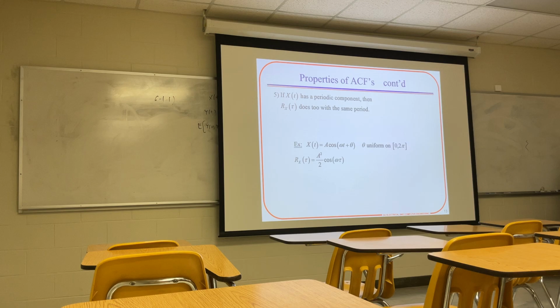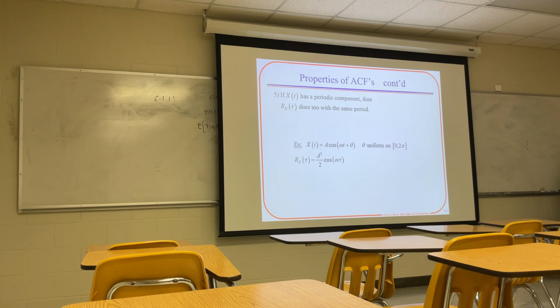By the way, I would expect everybody to be able to understand how that came about. If this is x of t, and then I have x of t plus tau, a stays the same, cosine is the same. Now you get omega quantity t plus tau, right?